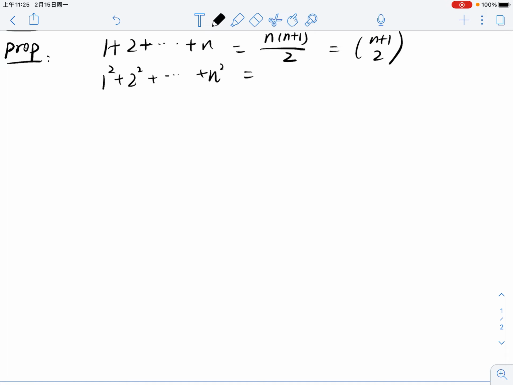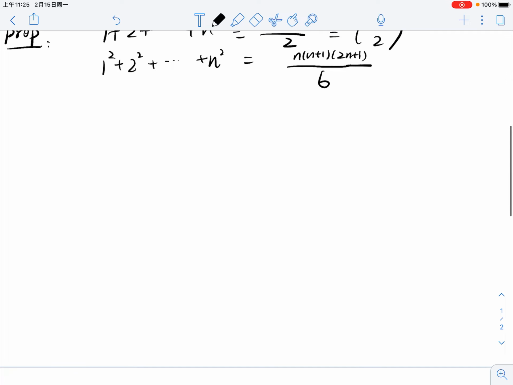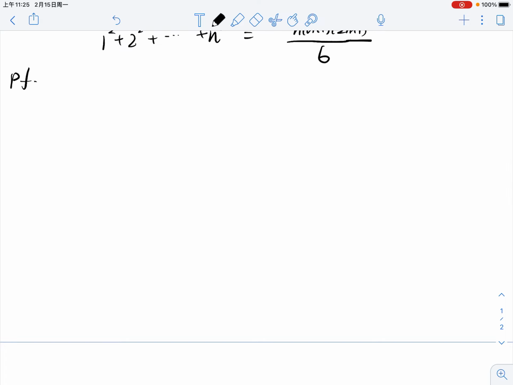Okay, the next one is not that transparent, but we can derive this based on the previous formula. First, note that when you do (n plus 1) cubed minus n cubed, you do the distribution, you have 3n squared plus 3n plus 1.